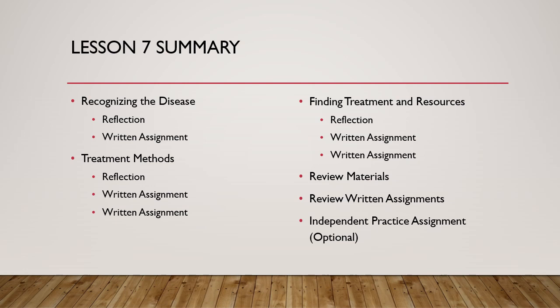And then lastly, we'll have finding treatment and resources, and we'll have a reflection and 2 written assignments for that topic as well. After we cover these 3 topics, we're going to do a brief review of the material that we learned in lesson 7. We'll go over all of the written assignments, and then we will end our lesson with the independent practice assignment, which is optional.